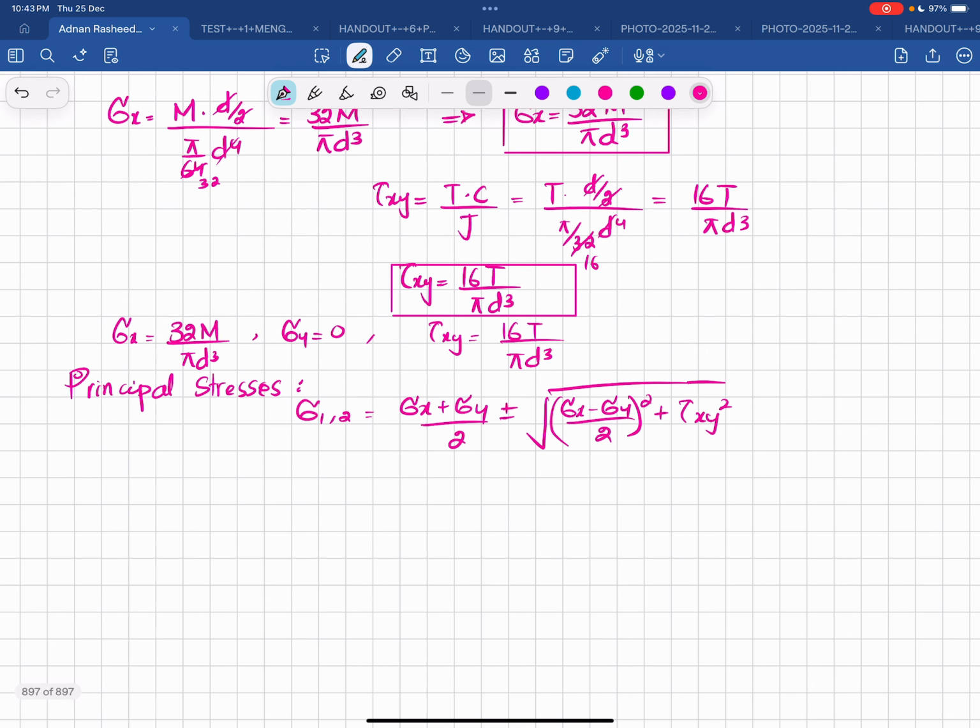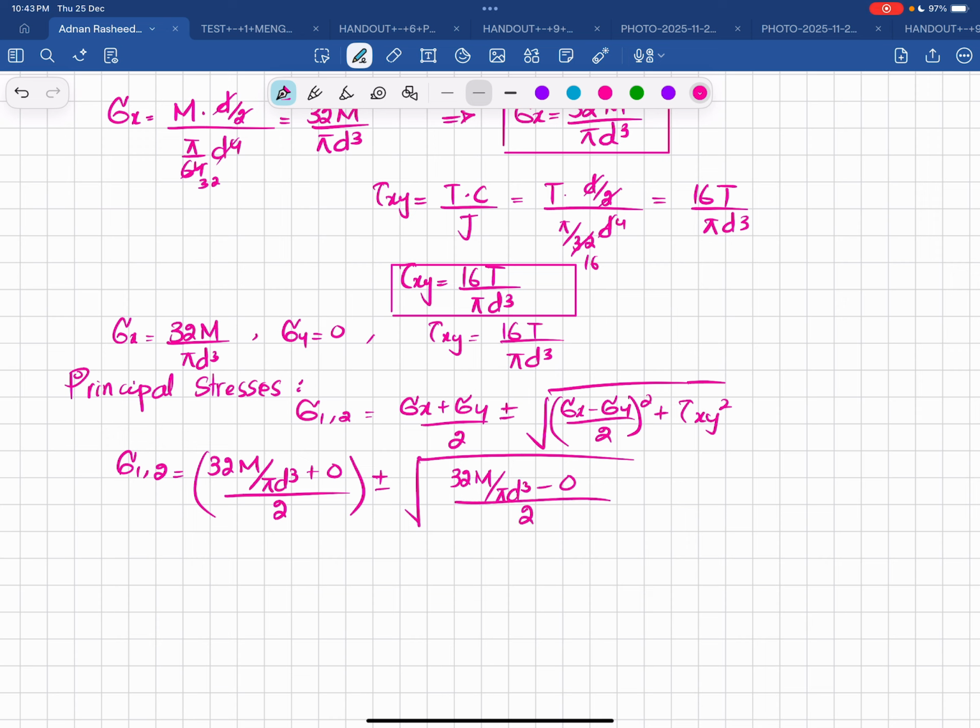Okay, so just plug in the values. Sigma 1,2 is sigma x, which is 32M over pi d cube, plus 0, divided by 2, plus minus the square root of 32M over pi d cube minus 0, divided by 2, whole square, plus tau of xy, which is 16T over pi d cube, whole square.